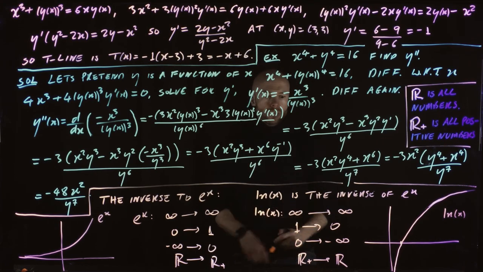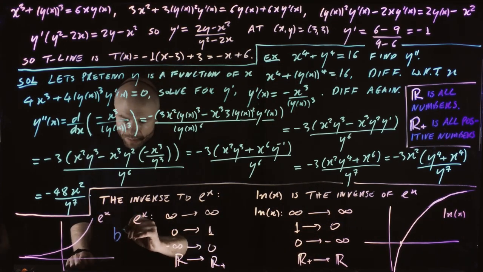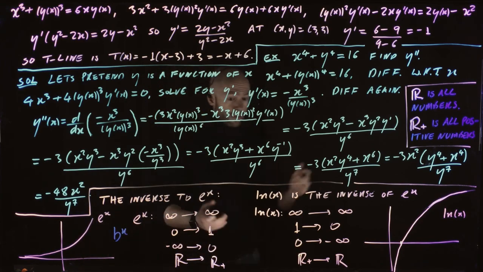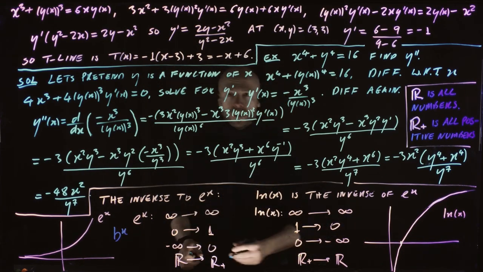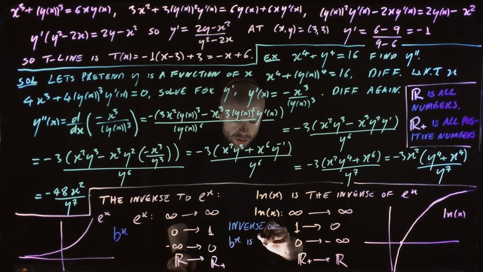Cool. Now, if instead of e to the x we did b to the x, it would have very similar properties, and the inverse of b to the x will be log to the base b. So the inverse of b to the x is log base b of x.